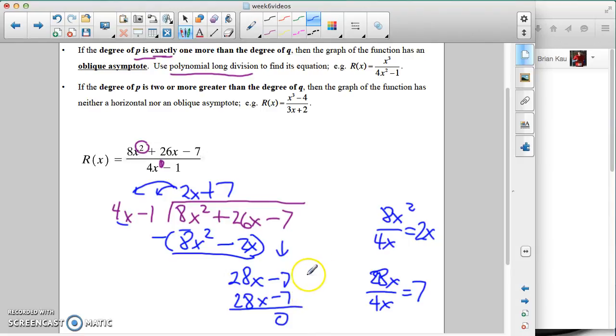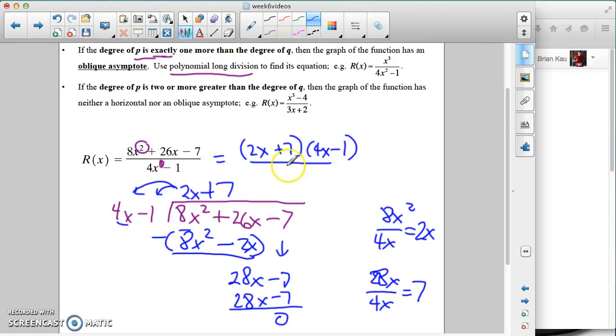So if we have no remainder, since it went in evenly, that means we could have factored this, basically. If it went in evenly, that means the top factors into 2x plus 7 and 4x minus 1.